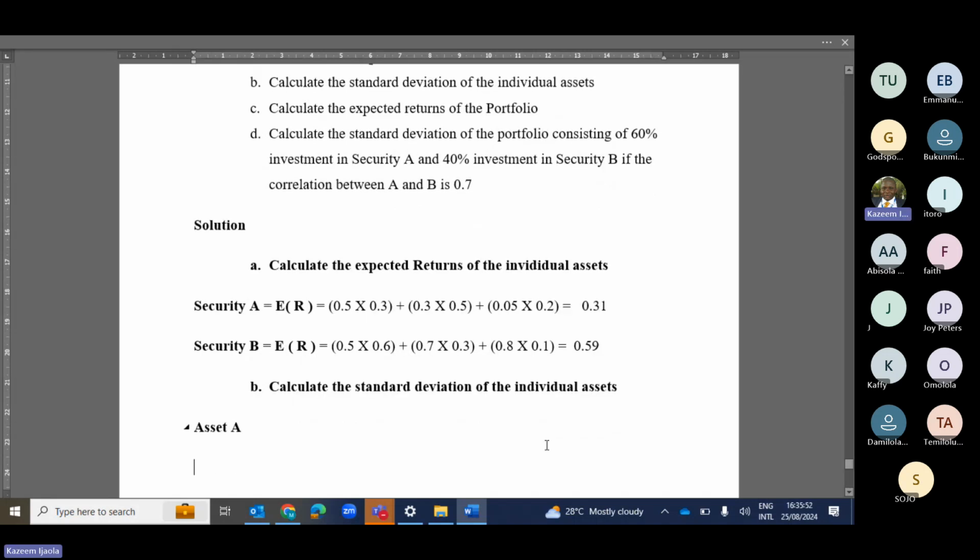Okay, for asset A now, possible returns, let me just use PR, possible return. Then you have your probability.